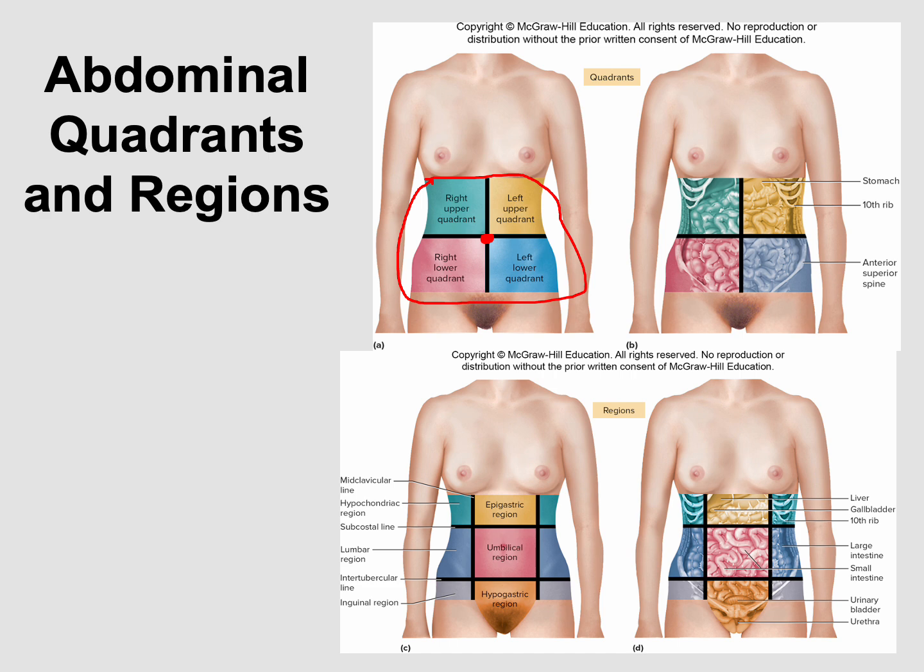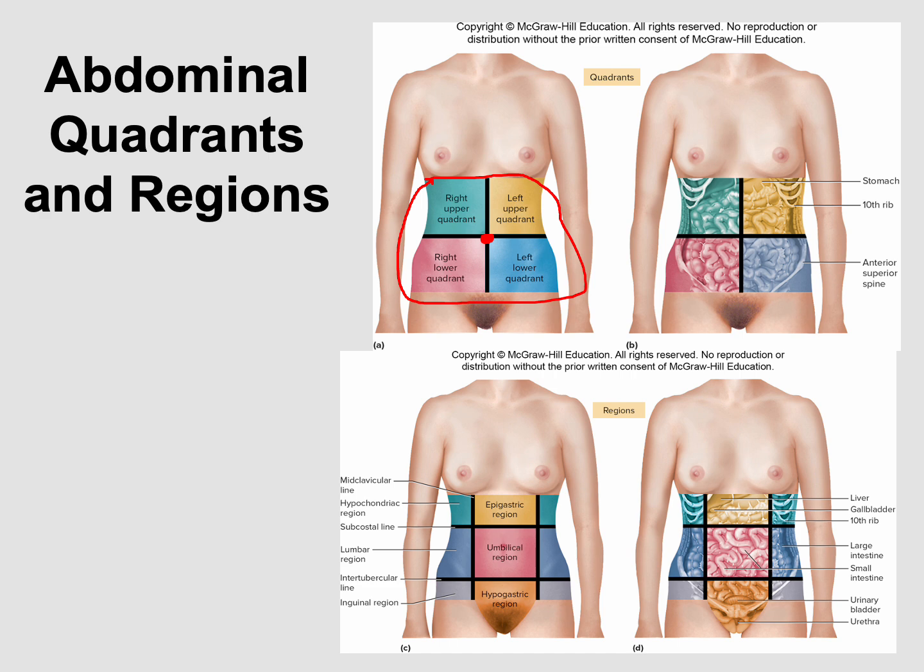The right upper quadrant has some important organs in it, such as the liver and gallbladder. In the left upper quadrant, there is the stomach and spleen and a few other organs too. Both upper quadrants have part of the duodenum and the transverse colon.